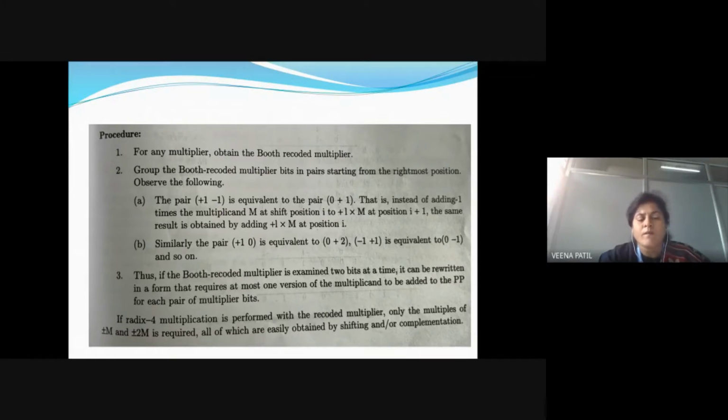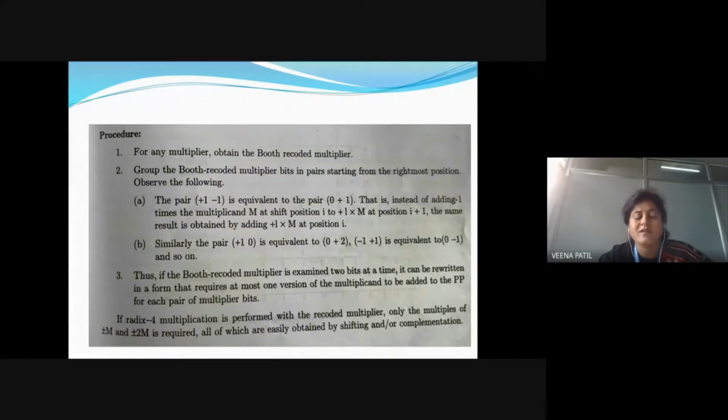Now what we are supposed to observe here: the pair +1 -1 is equivalent to the pair 0 +1. That is, instead of adding 1 times the multiplicand M at shift position i and -1 times M at position i, the same result is obtained by adding +1 times M at position i.